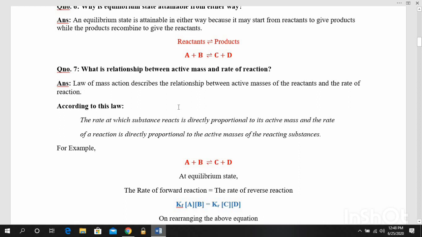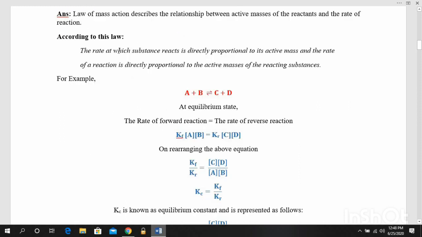According to this law, the rate at which a substance reacts is directly proportional to its active mass, and the rate of a reaction is directly proportional to the active masses of the reacting substances. We have explained this law in detail in the previous lectures.